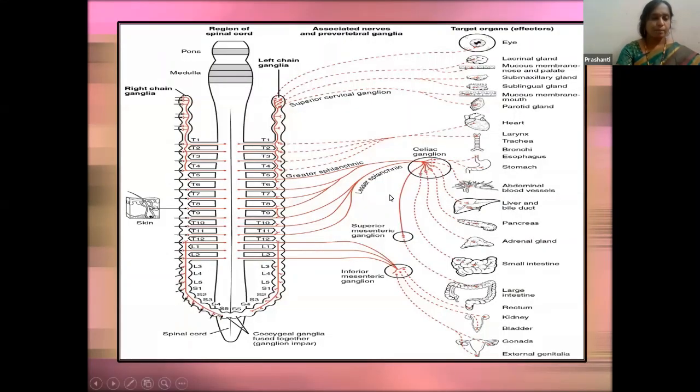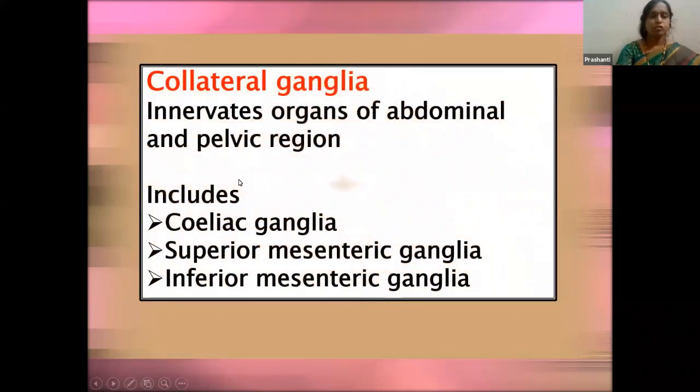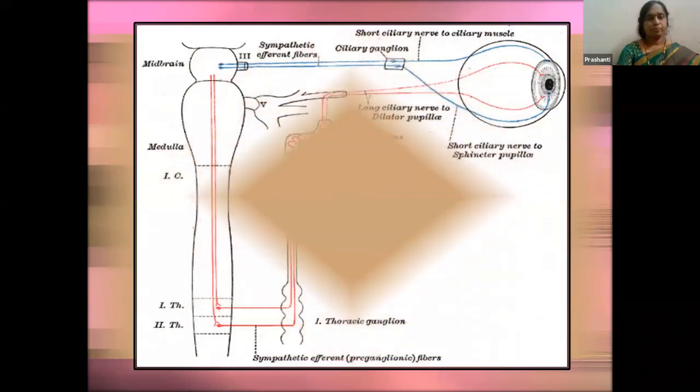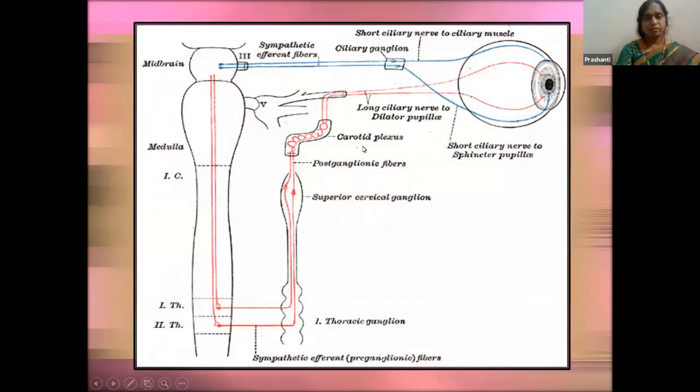But when you see, children, some branches will be sending more branches that may be above or below the level, and some will be ending as the collateral ganglia. So these are formed in the abdominal pelvic regions. This is seen in front of the aorta. These include celiac ganglia, superior mesenteric ganglia, and inferior mesenteric ganglia. Here, just see children, these are the ganglia we find present in front of the aorta region.